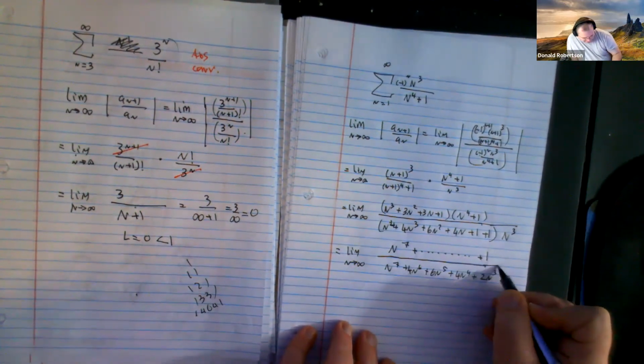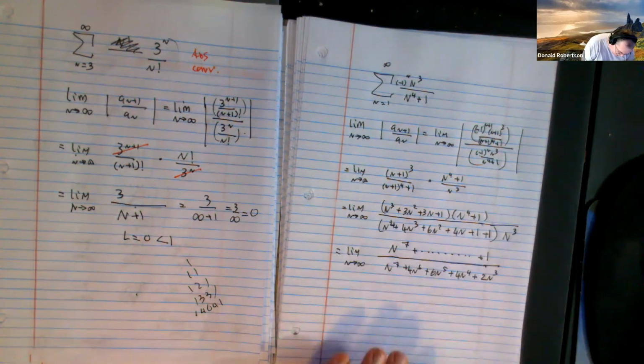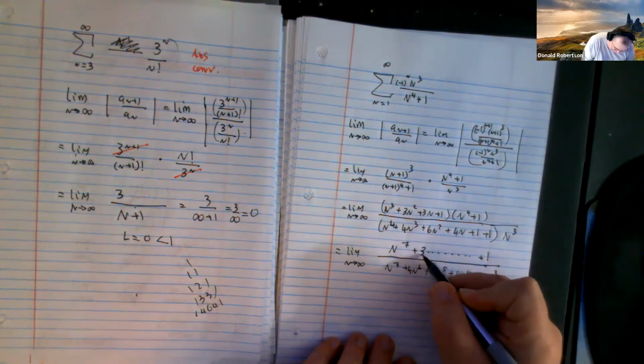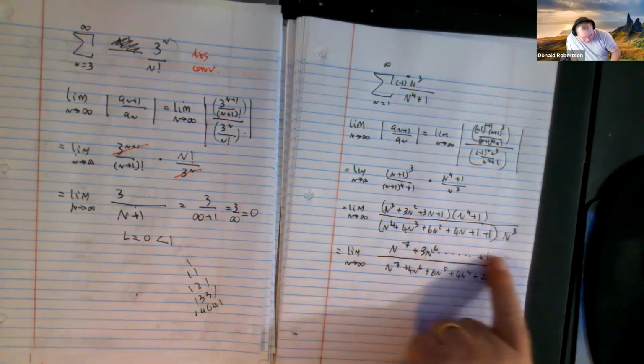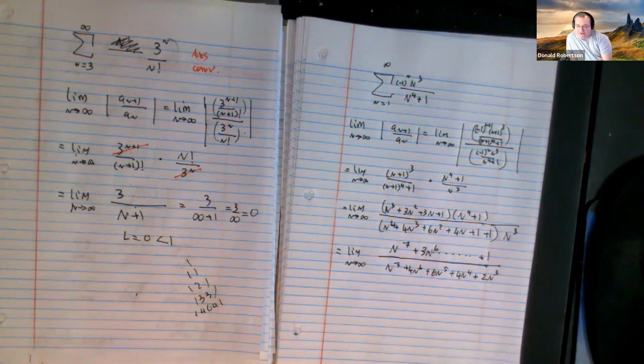I just haven't bothered foiling that, but can you trust me that there would be some n to the 6s there? What would they be? They'd be 3n to the 6, for instance, eventually. The reason why I don't worry about the rest of these terms is, if you look at this carefully, can't you just divide the top and bottom by n to the 7?